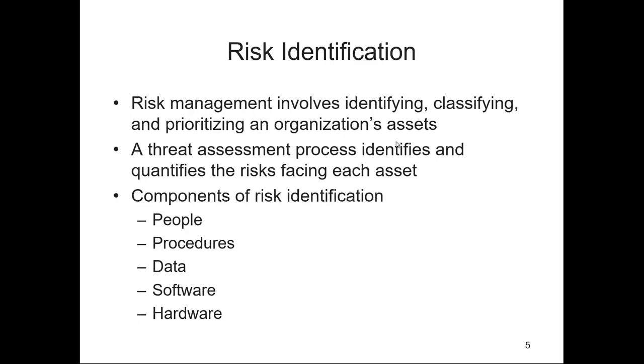We begin the process by identifying and assessing the value of our information assets, identifying the threats, what will be the impact of those threats, and how we can solve the problem, or what are the alternative solutions. And some of the components of risk identification will be the people, the procedure, data, software, and hardware.